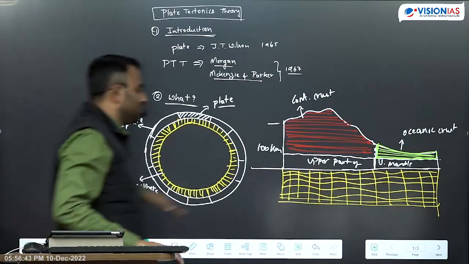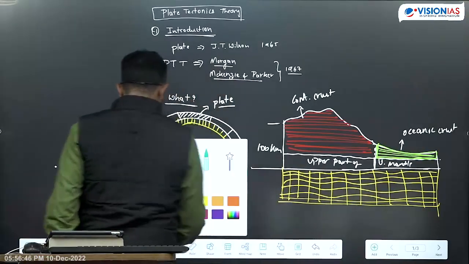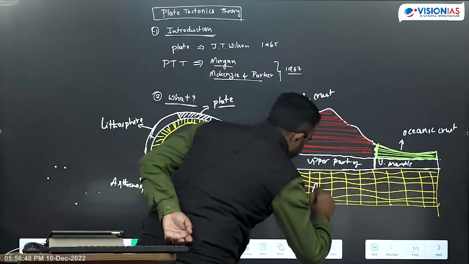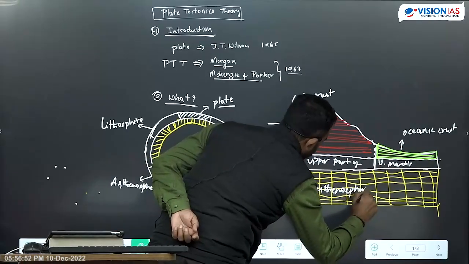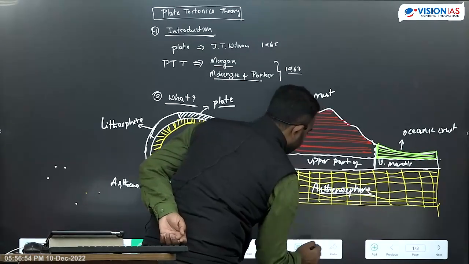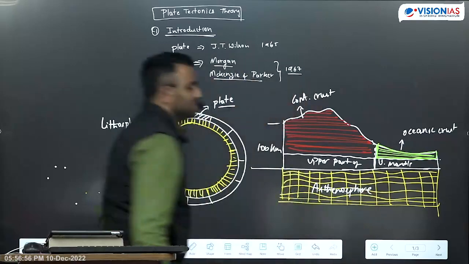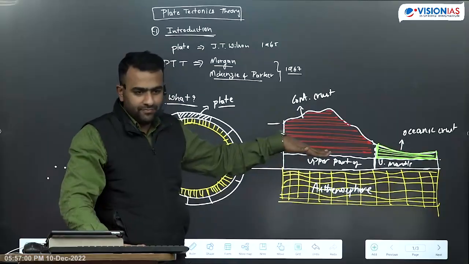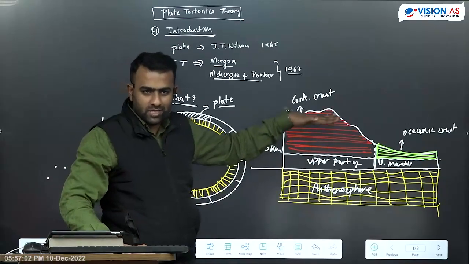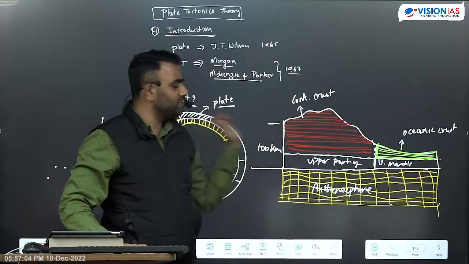It is because of the asthenosphere, which is like a cushion on which the lithospheric plates sit, and the lithosphere is a very hard and rigid part.